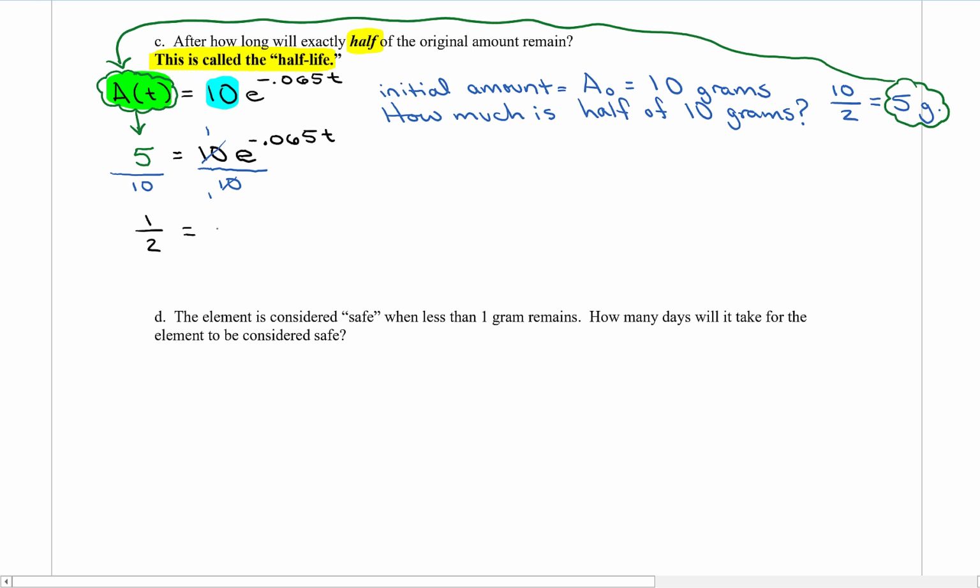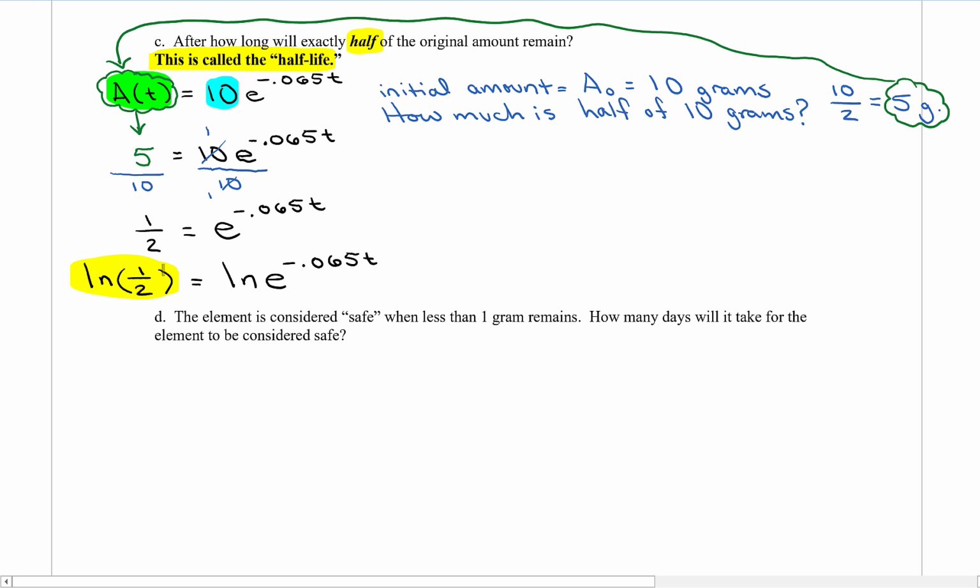So now my equation is going to say 1/2 equals e raised to the negative 0.065 times t power. Now I'm going to take the natural log of both sides of the equation. So now we will have the natural log of 1/2 equals the natural log of e raised to the negative 0.065 t power.